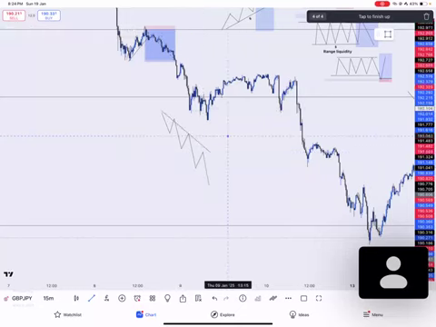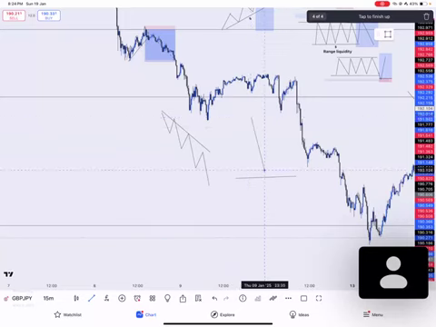If the market approaches my POI impulsively, like very fast, and triggers it, I won't be convinced to take this entry.